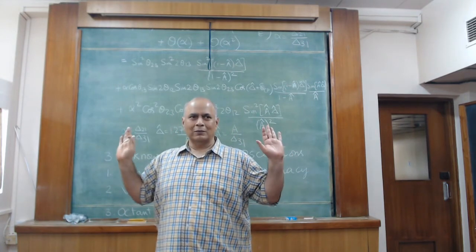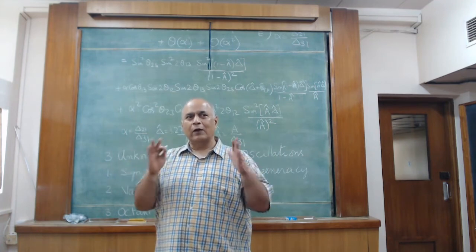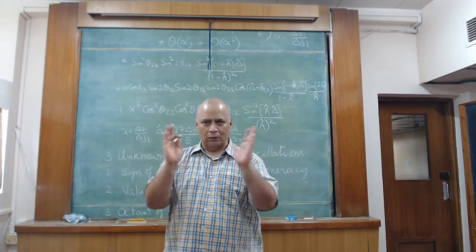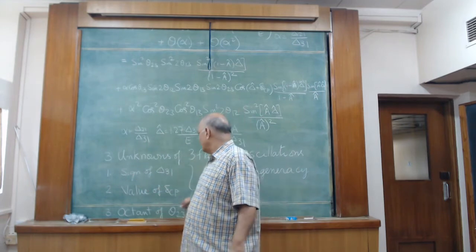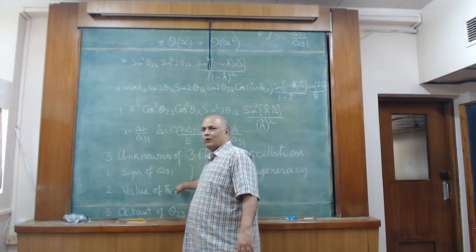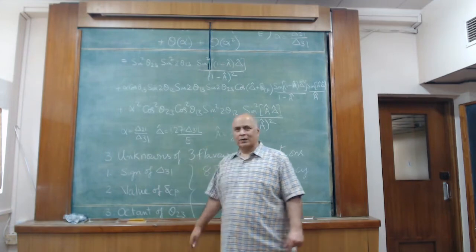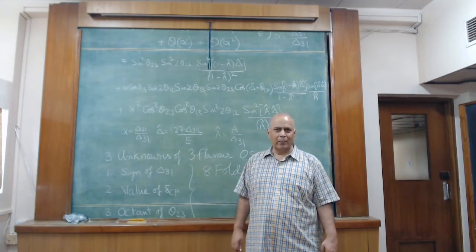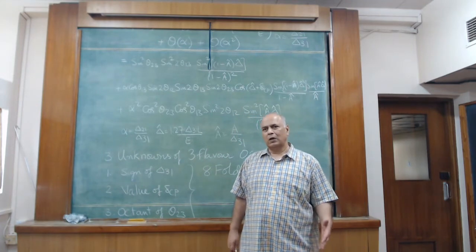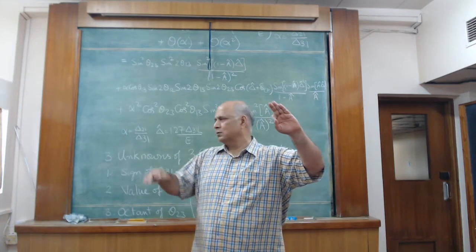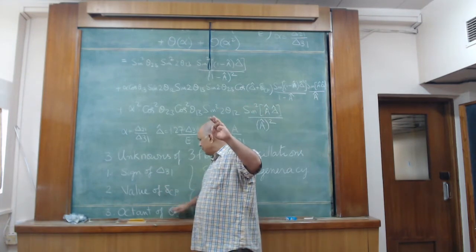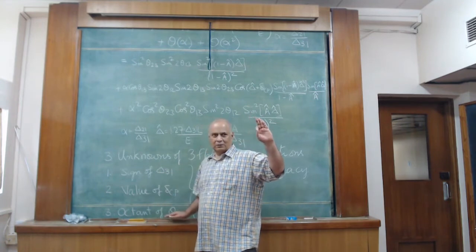Good. But problem is, I don't know what exact value of theta 1 3 is. And I don't know about octant of theta 2 3. I don't know delta Cp. I don't know sine of delta 3 1. So I can have correct value of theta 1 3 and exact values of these three.